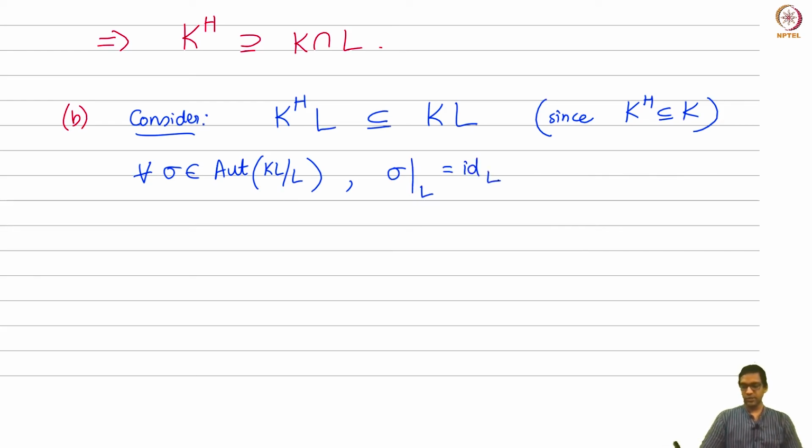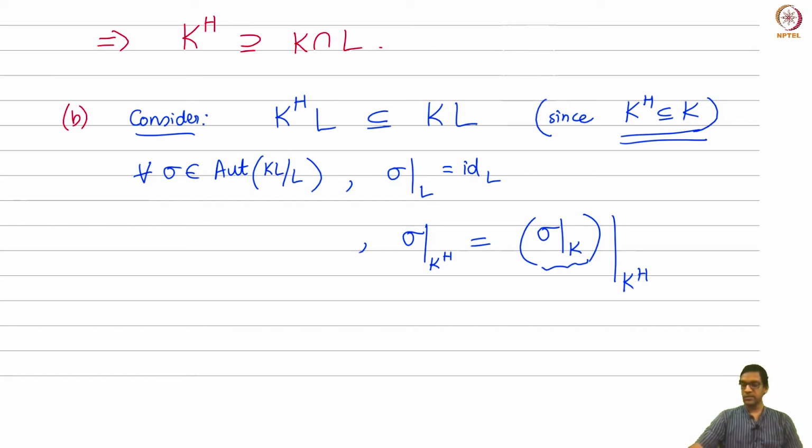This we know by definition, but we also know something else: if you take sigma restricted to K^H, then what is this? K^H, remember, is a subfield of K. So how do I restrict sigma to K^H? I will first restrict it to K. K is still bigger than K^H, and think of that as being further restricted down to this subfield K^H. Now what do we know? Sigma restricted to K is exactly the elements in the image, so this is like a tau.